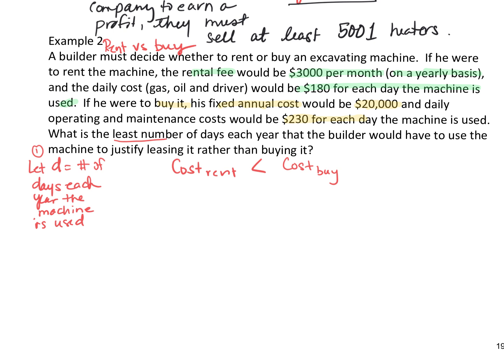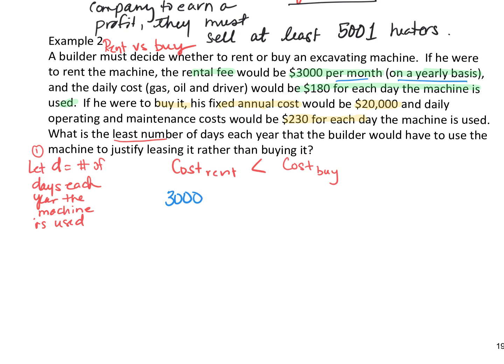Okay, so now we just have to set up our equation. For the cost to rent, we have two things happening: a rental fee of $3,000 per month for the year, and then a daily cost for the machine. The first one is $3,000, per month though, on a yearly basis.